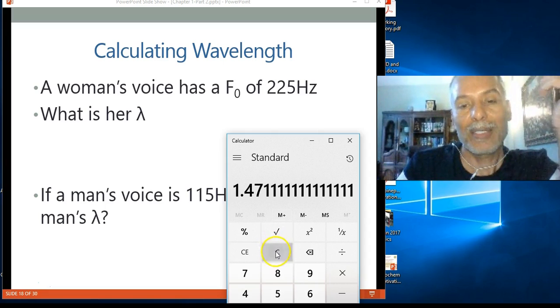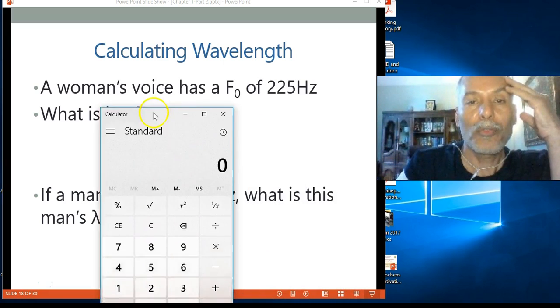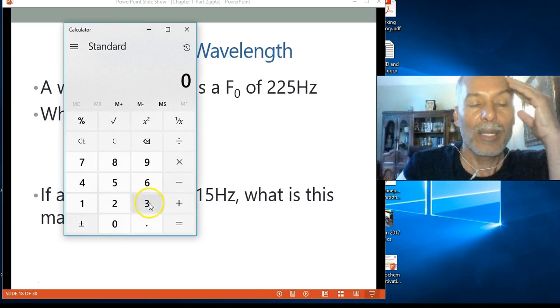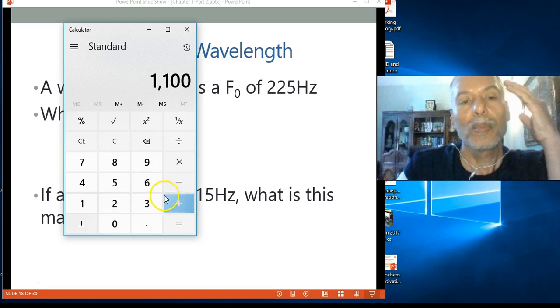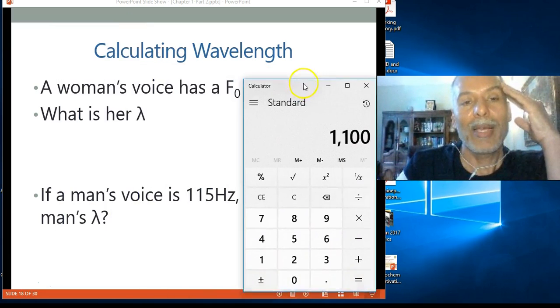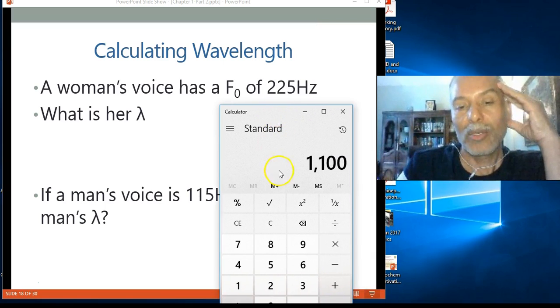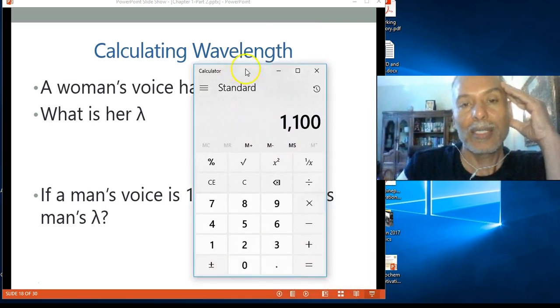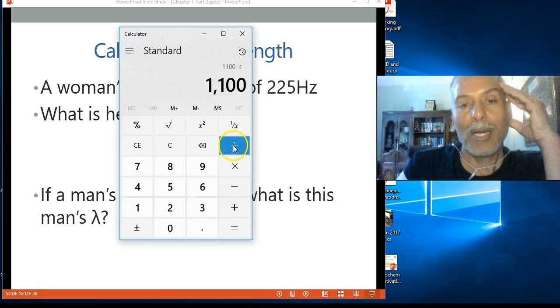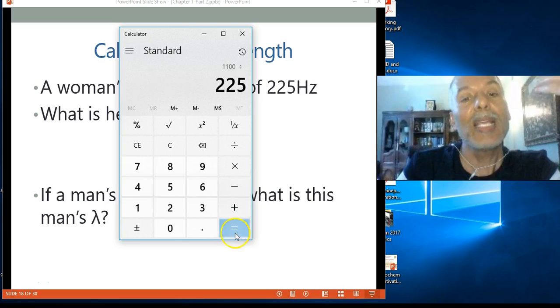Let's say feet. 1100 feet per second is the same as 331 meters per second. So 1100 feet divided by 225 is going to give you that in feet.